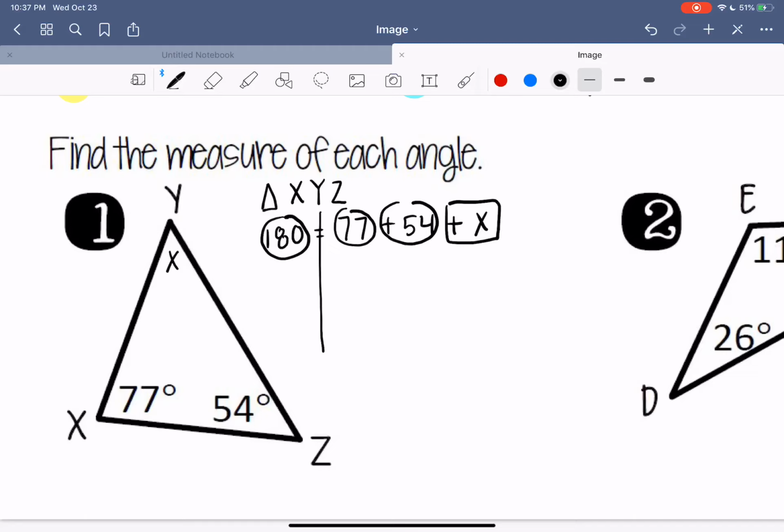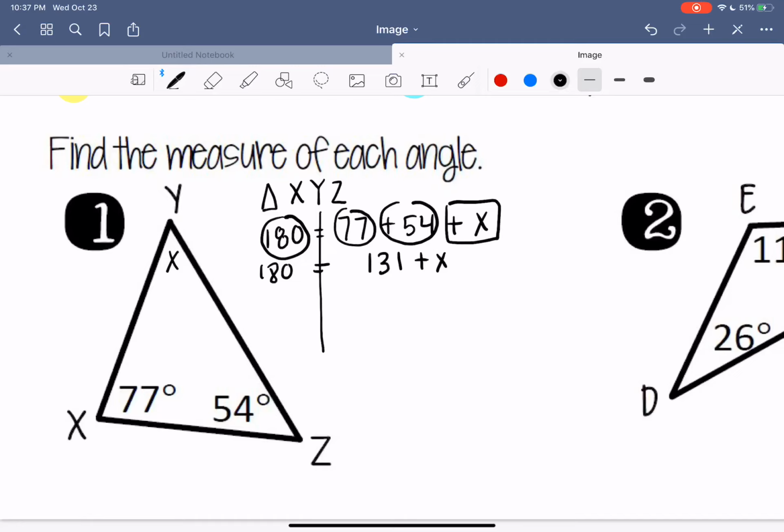So I see that on the right side we have 77 and 54 that are like terms, and when we add these together, we're going to have 131 plus x, since there's no other x's, and that's going to equal 180.